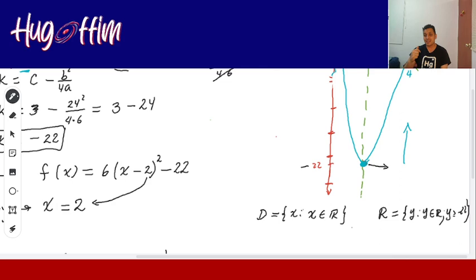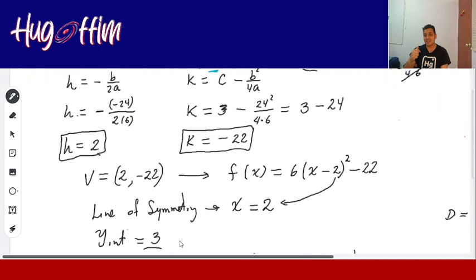So, to sum up, how to analyze a quadratic function? First, find the vertex. You can use these formulas to find the vertex, and I recommend you put it in vertex form. The vertex form is going to tell you where the vertex is, and it's going to tell you the line of symmetry.